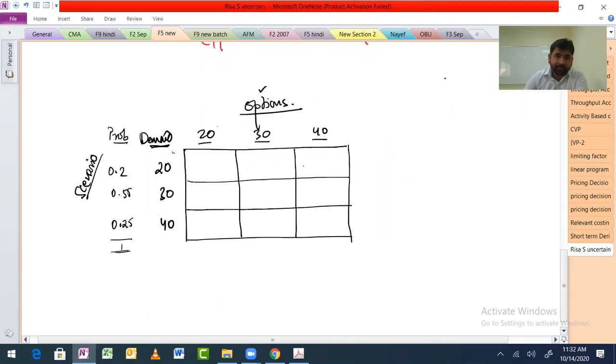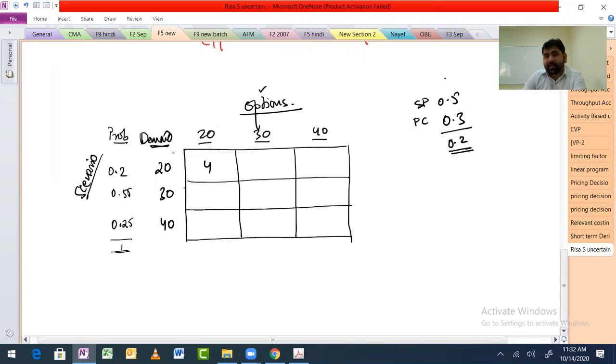Okay. So if I buy 20 magazines and I sell 20 magazines, how much money will I make? You are buying at 0.3 and selling at 0.5. If you are buying 20 and selling 20, how much profit will you make? 4.